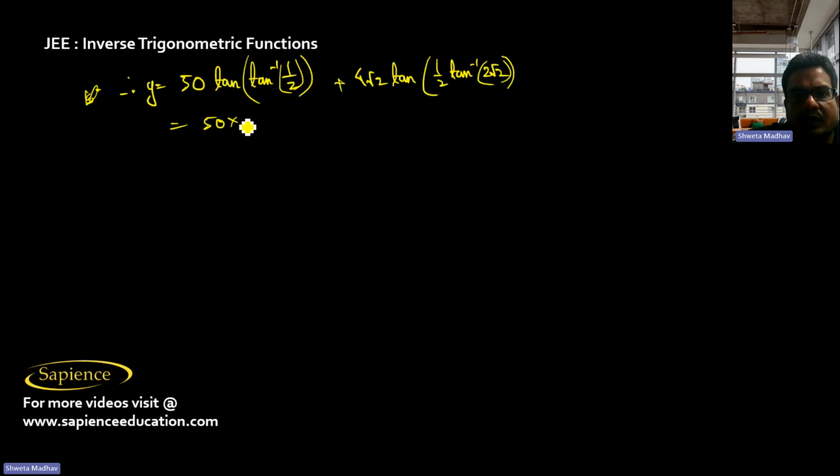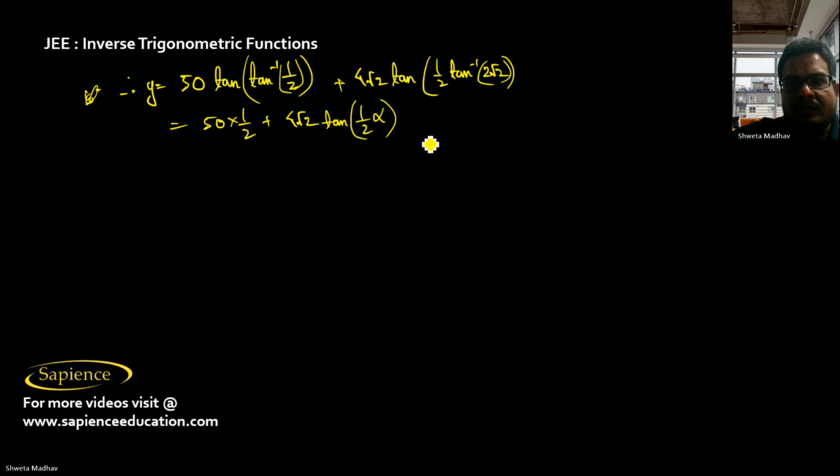So this is 50 into half plus 4 root 2 into tan of half of, let's call it alpha. This is 25 plus 4 root 2 into tan alpha.